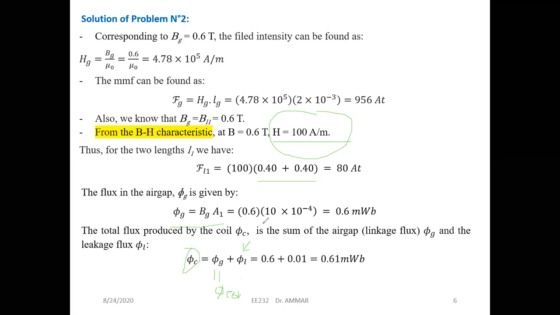So phi g, the flux of the air gap or the flux of the core, is the flux that stays inside the iron core. And the leakage flux is the flux that has floated away or been lost in the air. Let's go back to the shape to explain it more.